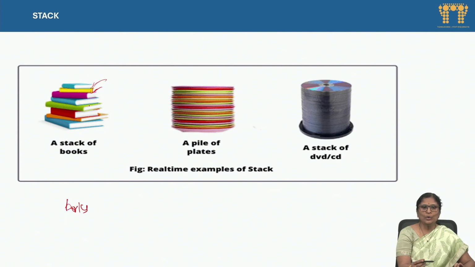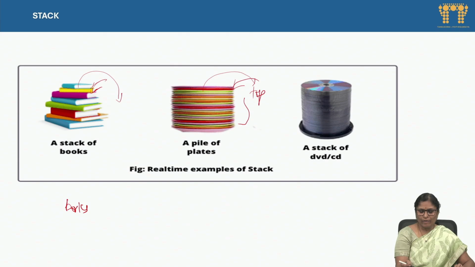And if you want to take out any of the books, you have to take it from the top only. And again, the second example is a pile of plates. In the pile of plates, the plates are added one by one only from this particular end called the top. And if you want to remove any plate, you have to remove it only from this end.